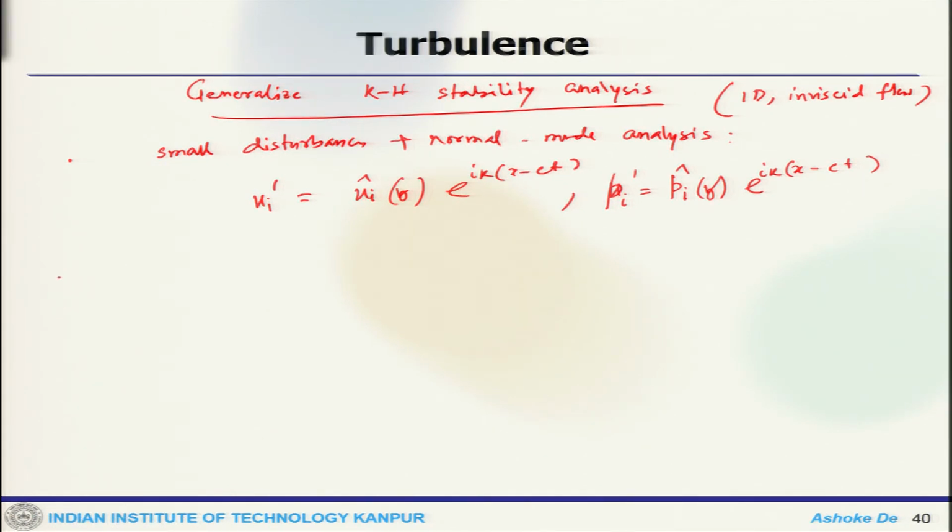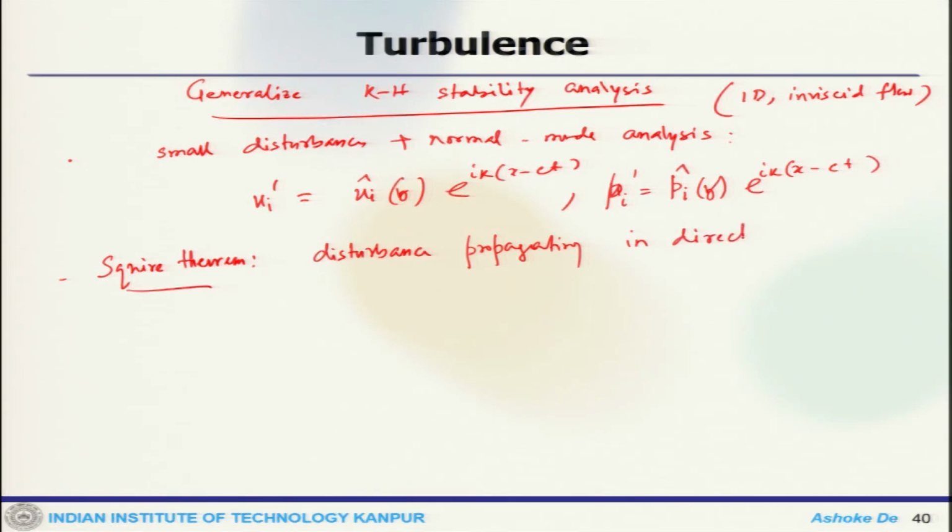So, there is a nice theorem which is called Squire's theorem, which says that disturbance propagating in the direction of basic flow is most unstable.